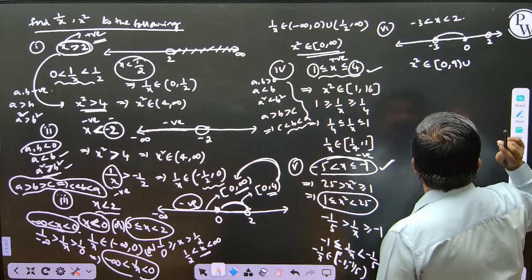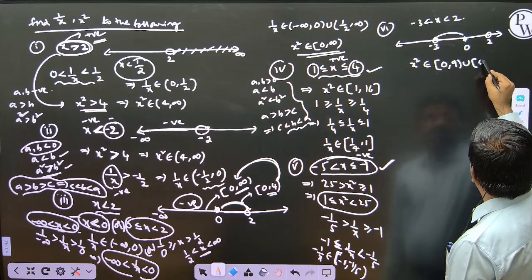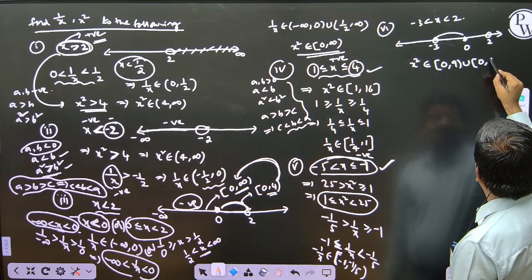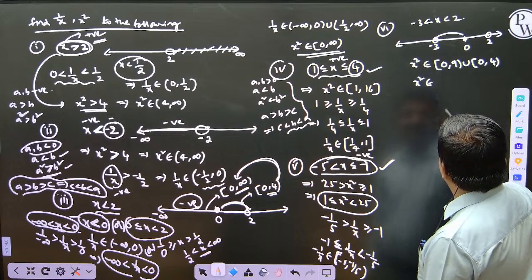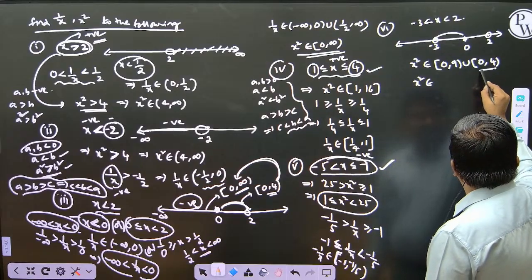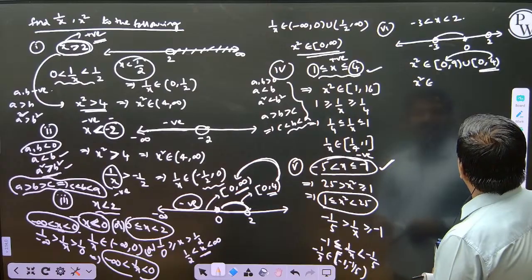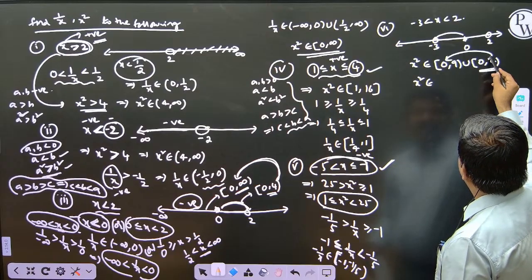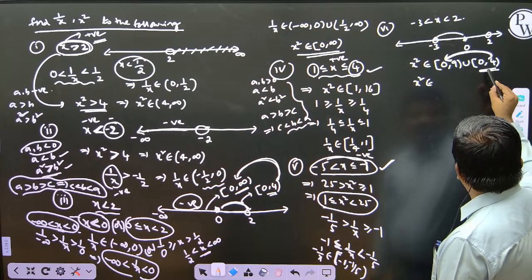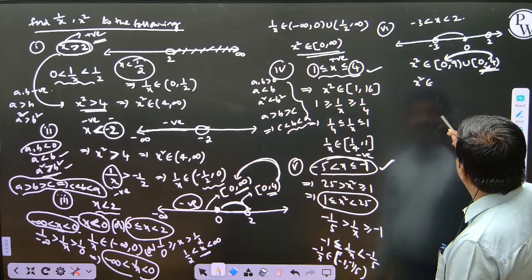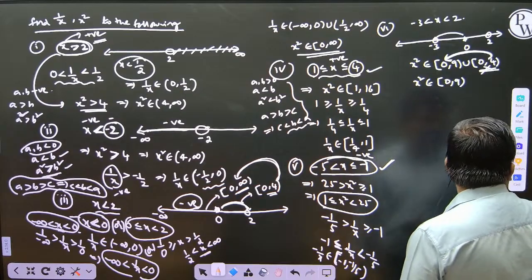This part squared gives 0 to 4. But clearly, if you observe, this 0 comma 4 is a part of 0 to 9. That's why it is not necessary to take it separately. Simply we take 0 comma 9.